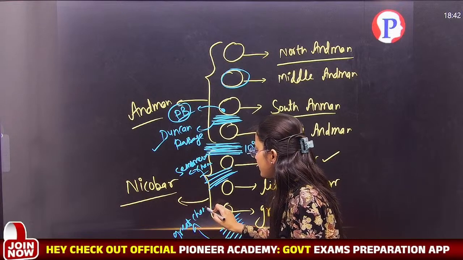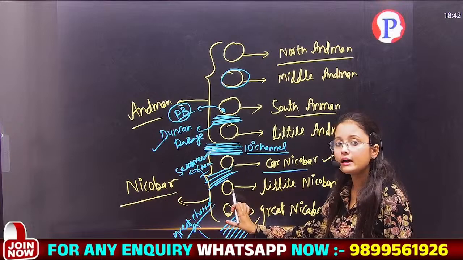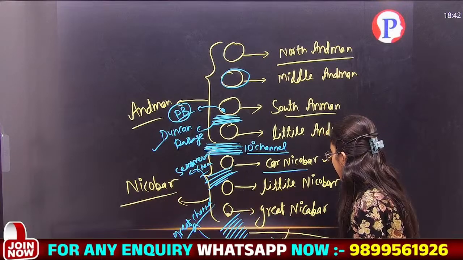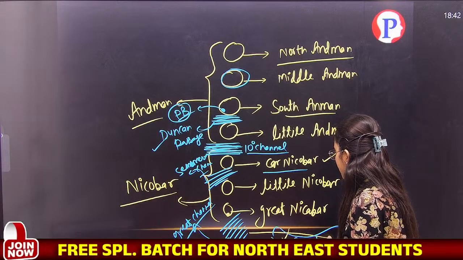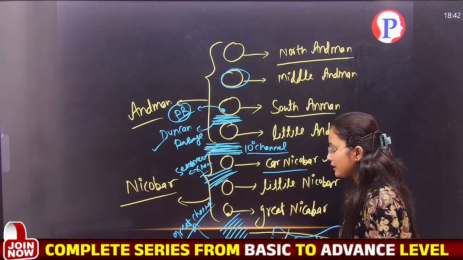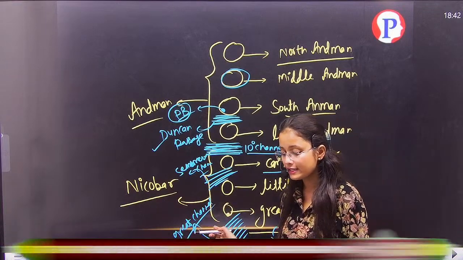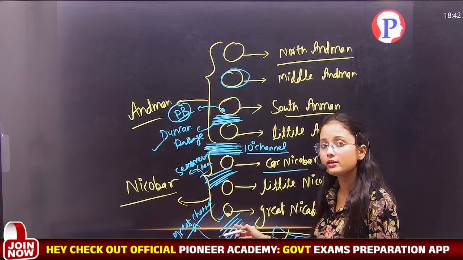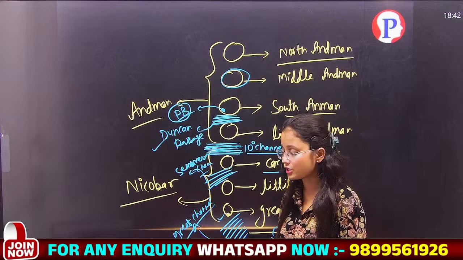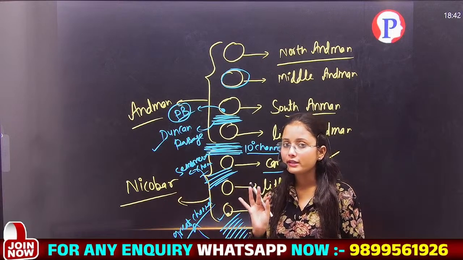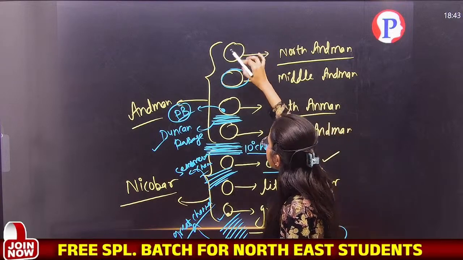The Great Channel is located between India and Indonesia. This island is Sumatra, which is a part of Indonesia. So the Great Channel is located between Great Nicobar and Sumatra, which is a part of Indonesia. So the Great Channel is located between India and Indonesia. Now this is the Saddle Peak.